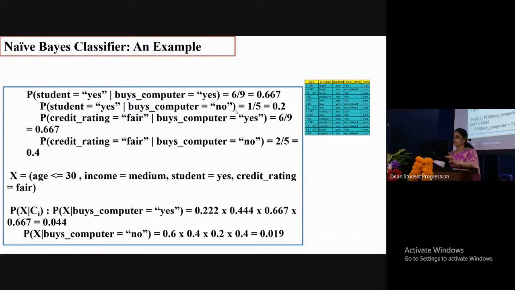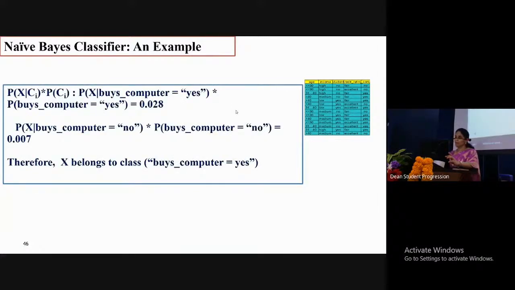Similarly, for buys computer equal to no, you have different values for X. Calculate all of them, multiply with your yes as well as with your no, and see which value is the highest. With no I have 0.007 and with yes I have 0.028.